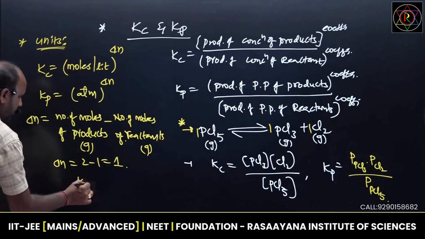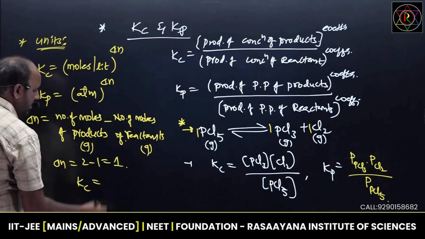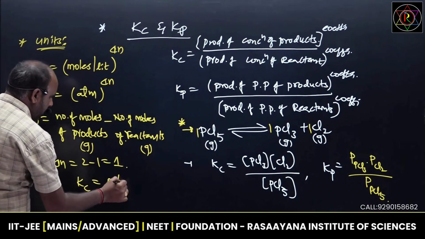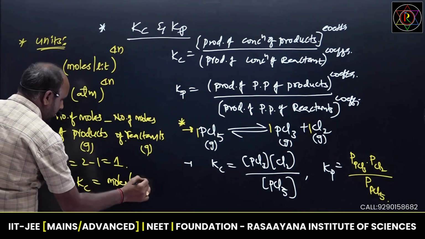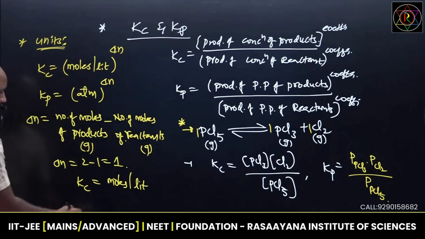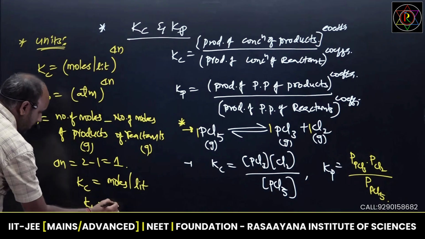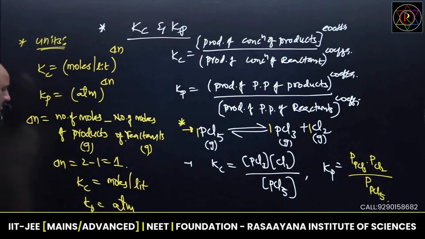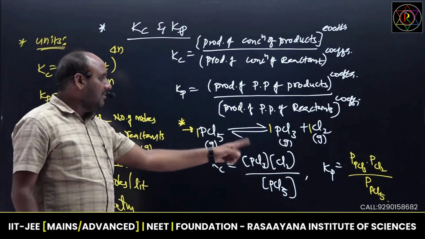Therefore the units of Kc for this reaction are moles per liter power 1, which is moles per liter. The units of Kp are atmosphere power 1, meaning atmosphere only. These are the units we apply for this equilibrium reaction.